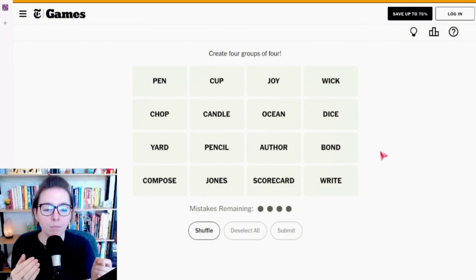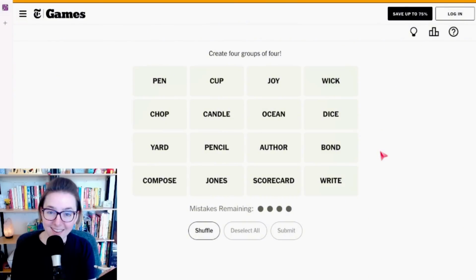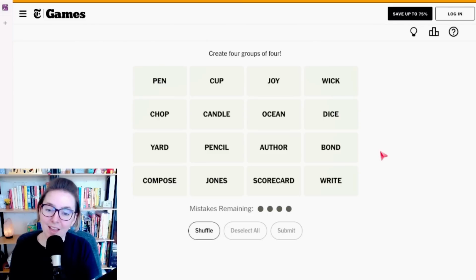This game focuses on words having multiple meanings. So this will teach you probably new meanings to words you think are familiar. So for example, you probably know the word pen.